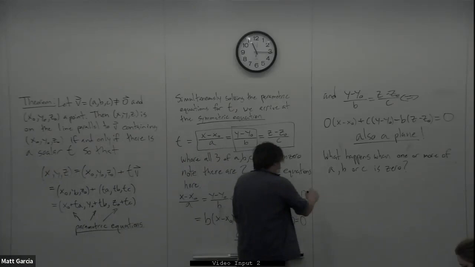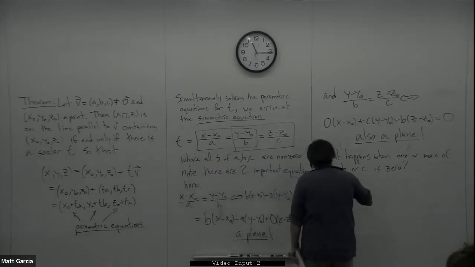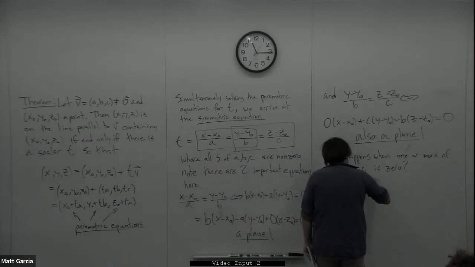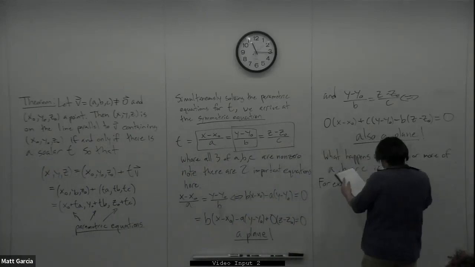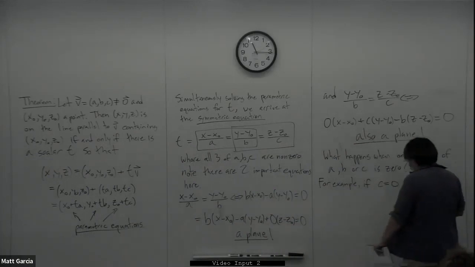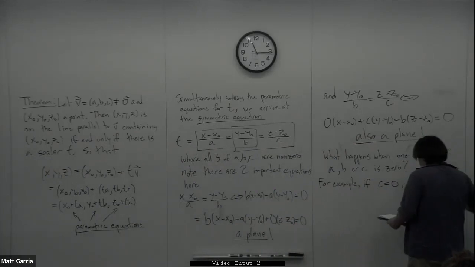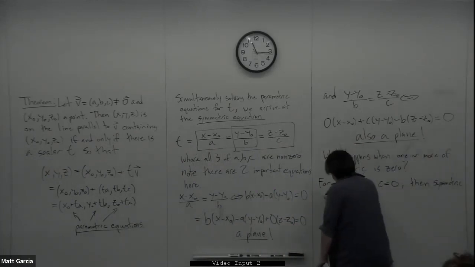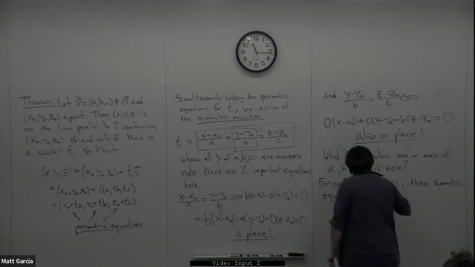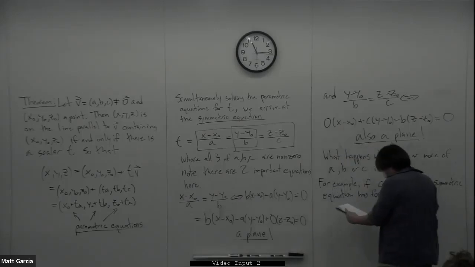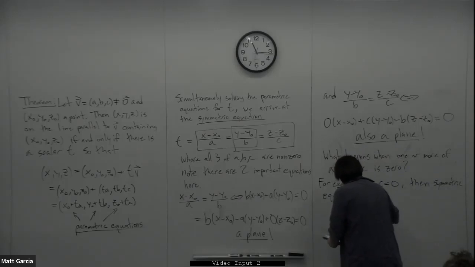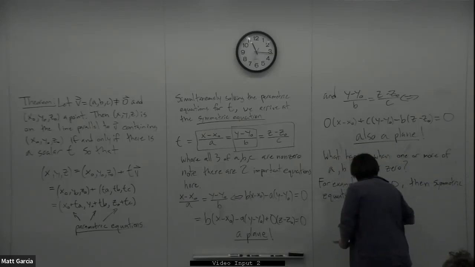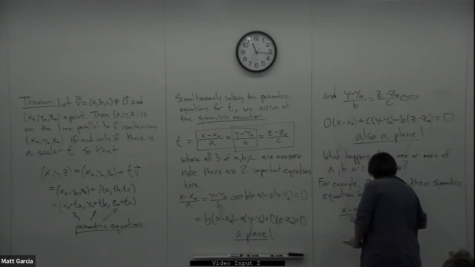Okay, for example, if C is equal to 0, then the symmetric equation has the form (x minus x naught) divided by a equals (y minus y naught) divided by b.